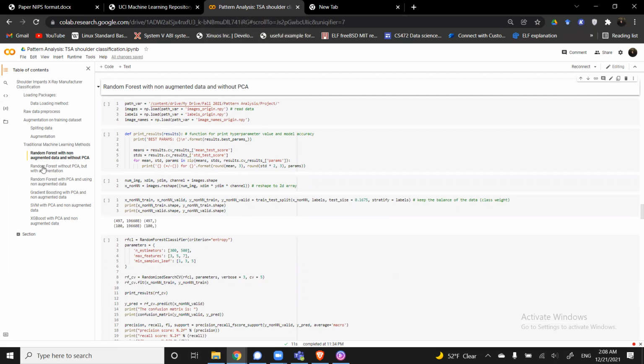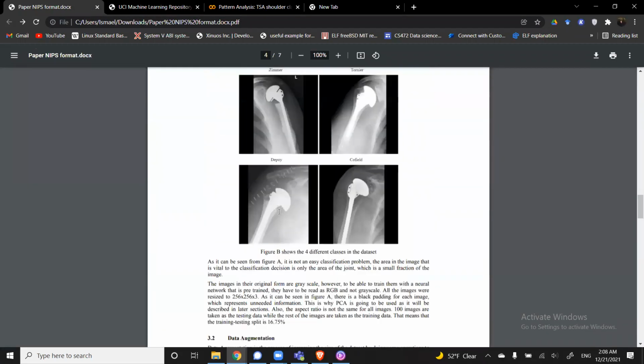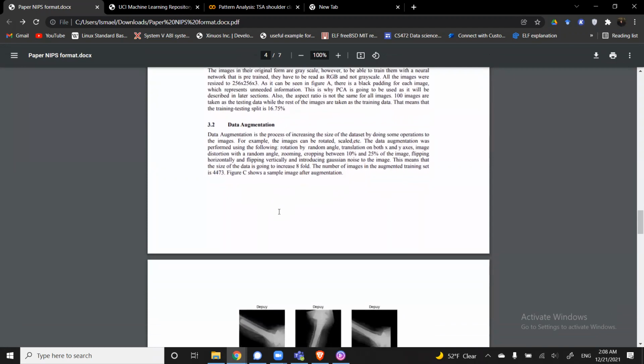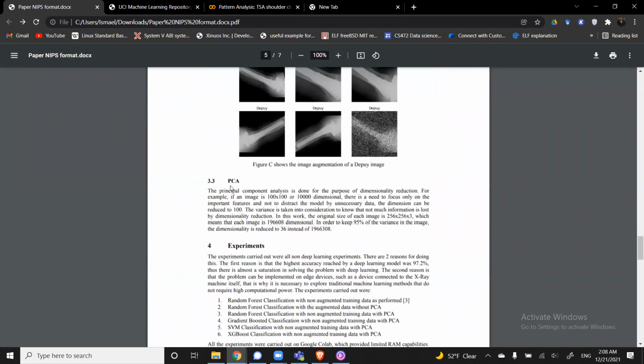So we performed random forest with non-augmented data and without PCA, and then before going into the machine learning methods that we used, I just wanted to let you know that when we performed the PCA to keep 95% of the variance in the data, the dimensionality was reduced from this number only to 36.